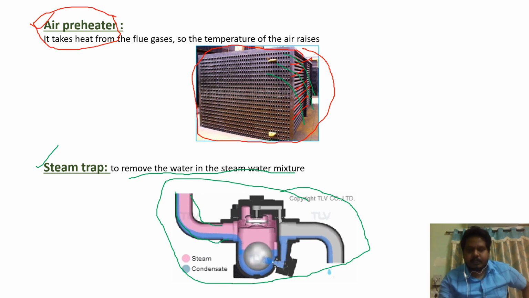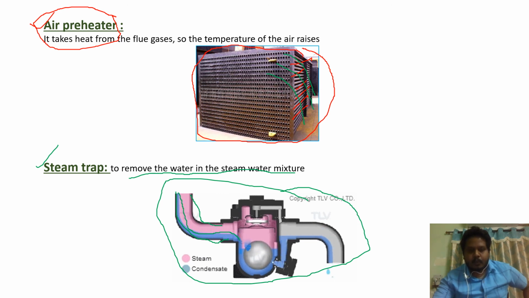Generally these tubes are insulated, but no insulation is perfect. There will be losses, so this steam will be condensed. Here you can see at the bottom there is a blue color, where some part of the steam is getting condensed because of losses to the surroundings. So when this condensate increases, it will stop the flow of the steam inside the pipe.